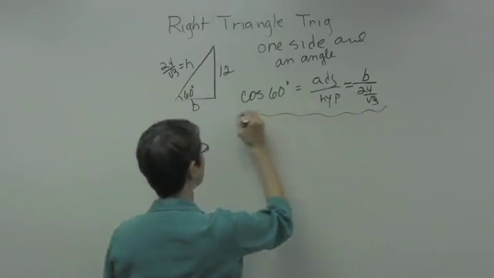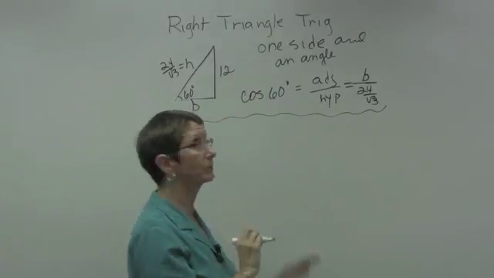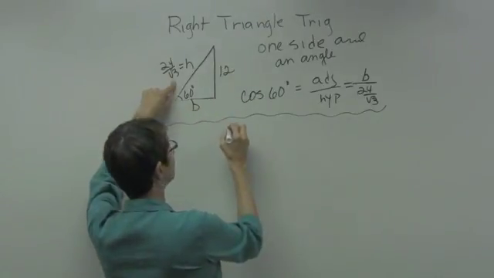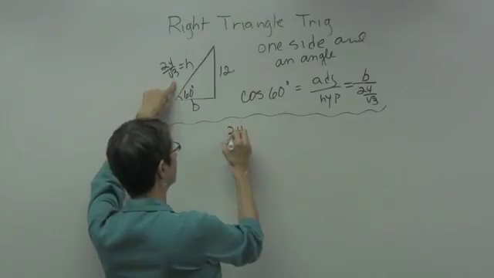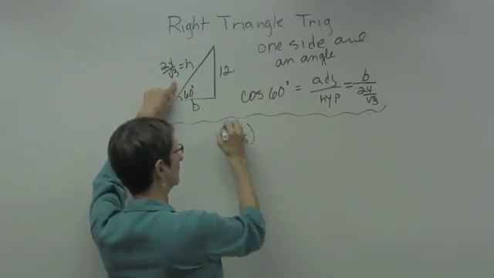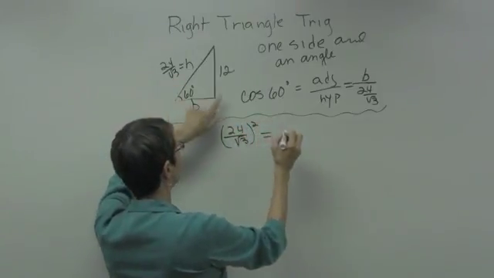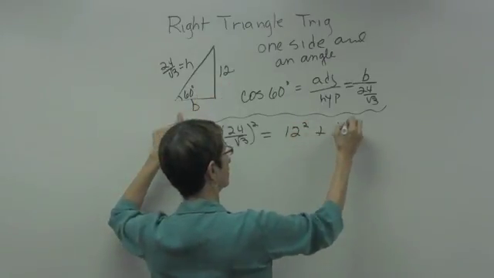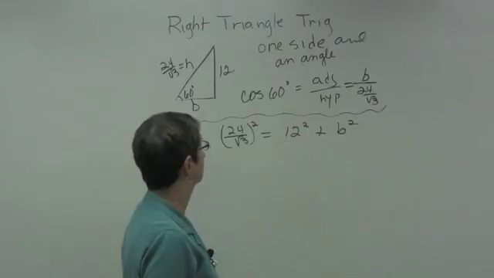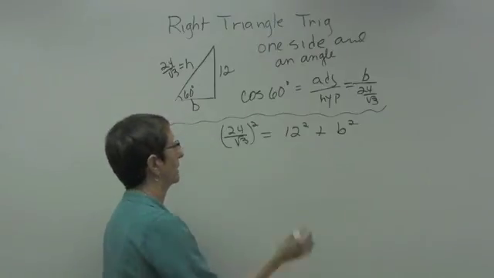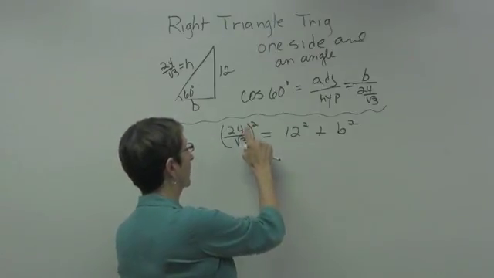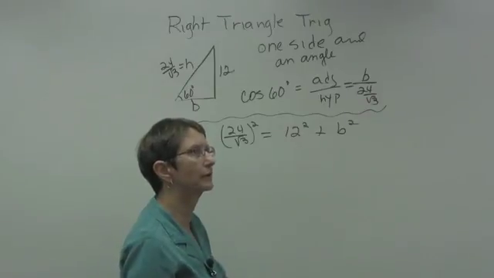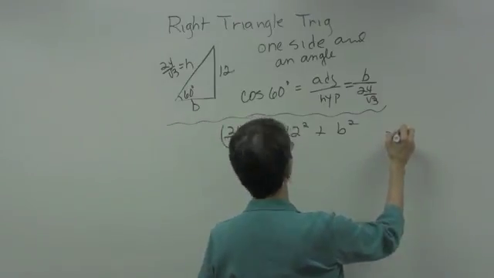But now let's also say, let's just try Pythagorean theorem. So h squared is equal to 12 squared plus b squared. Okay, well, 24 squared. Do I remember 24 squared? Probably not. Let's see what that is.